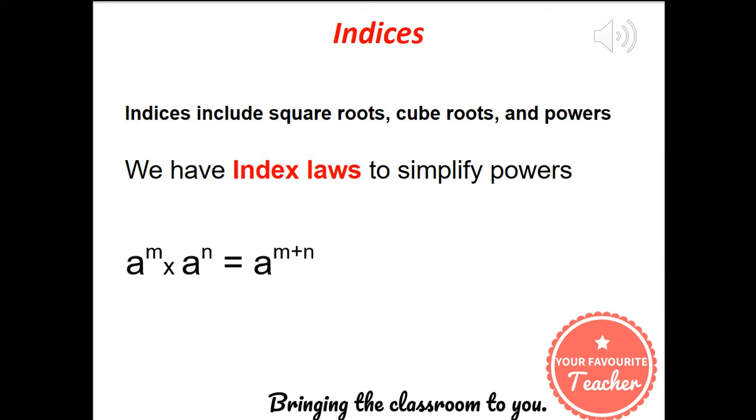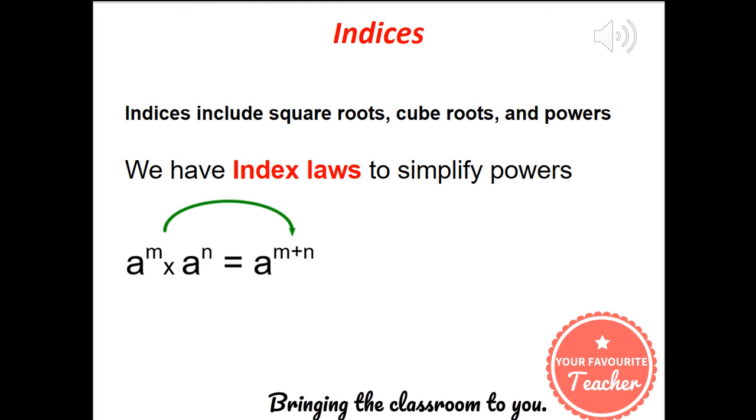So the first thing I want us to notice is that when we have two sets of powers that are multiplied, we actually add the powers. We do not multiply the powers. So we add the two powers. In this case, m and n are added together.